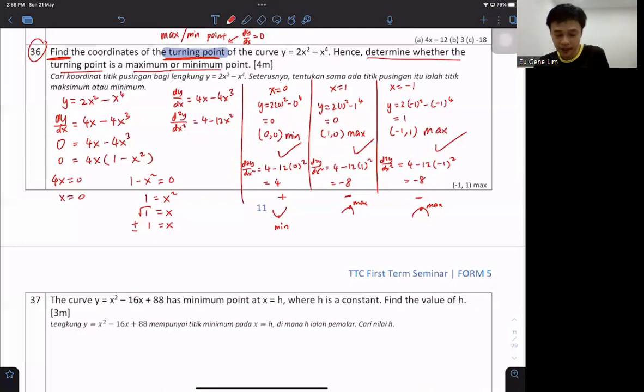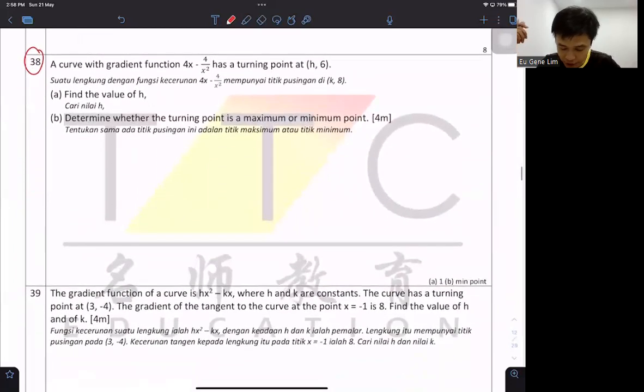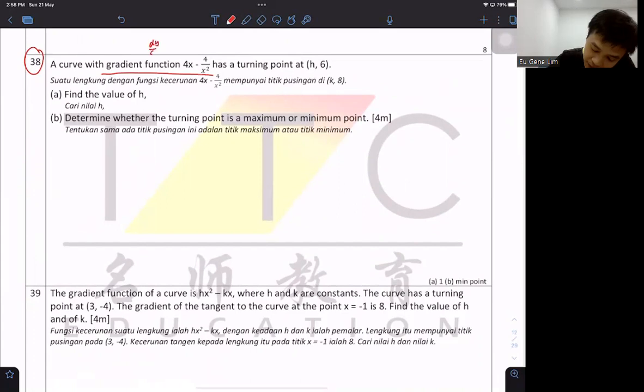Okay, let's look at question number 38. Also turning point. Gradient function. What is gradient function? Gradient function is dy dx. So write down dy dx equals 4x minus 4 over x squared.